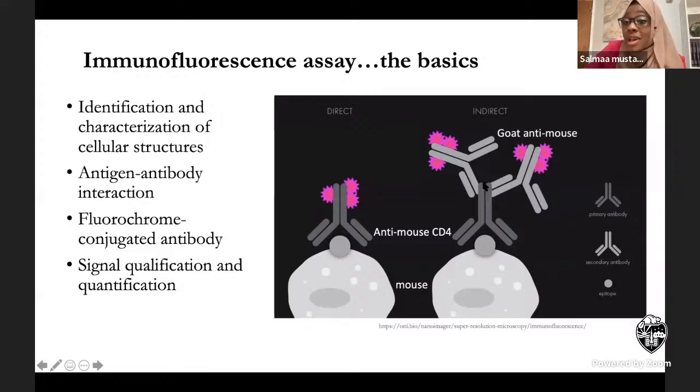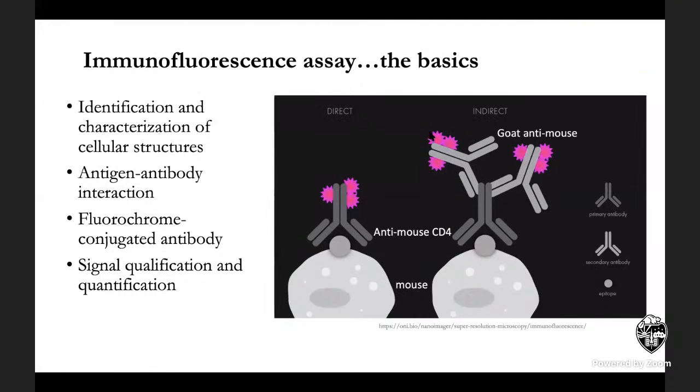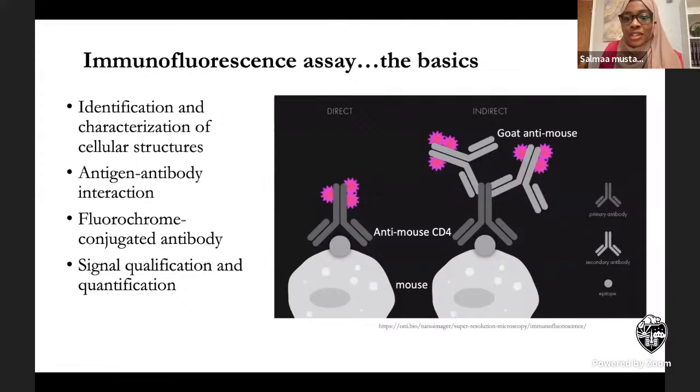With the indirect, it's possible, because what your goat anti-mouse is recognizing is any mouse protein. So it's possible that they bind some proteins that are just mouse protein. Do you understand what I'm saying? So that would add to your signal.